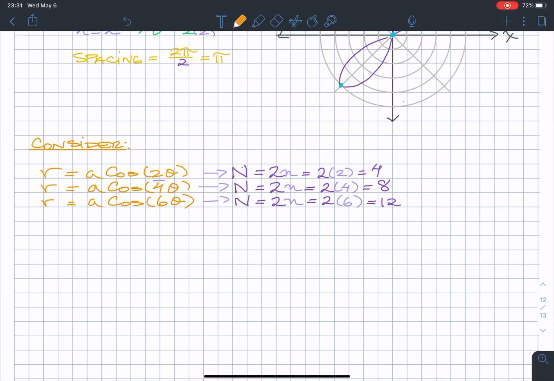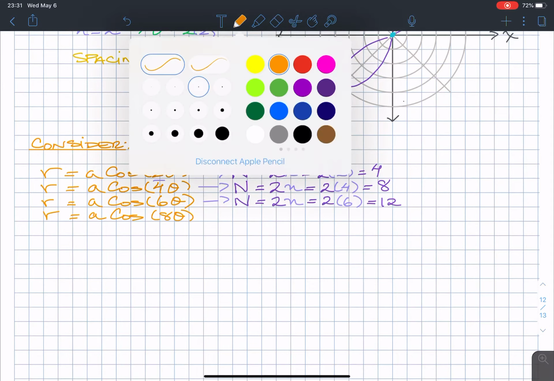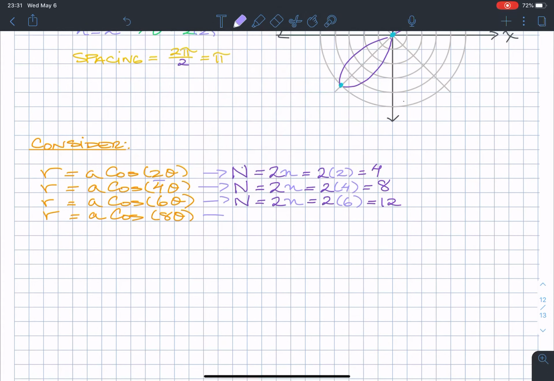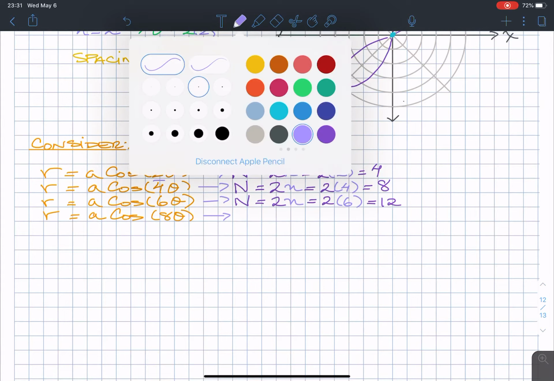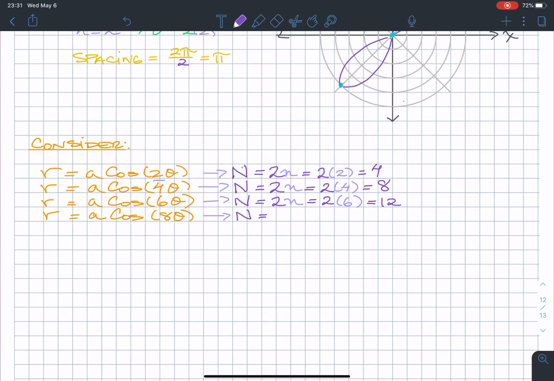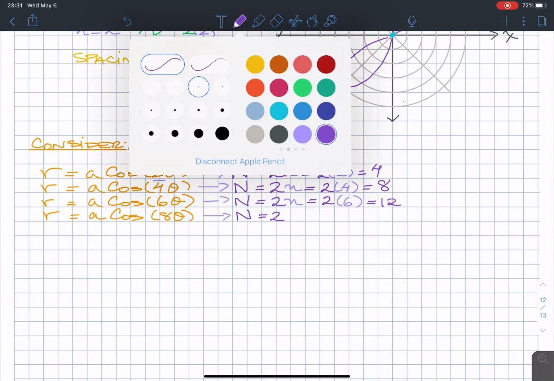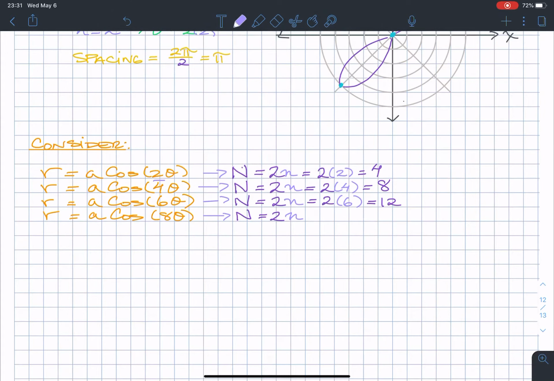And for good measure, let's do a couple more. I'm trying to look at all the even coefficients of theta. The next even number is 8, which means the number of petals, n, will be 2 times little n, the coefficient. That is 2 times 8, which is 16.